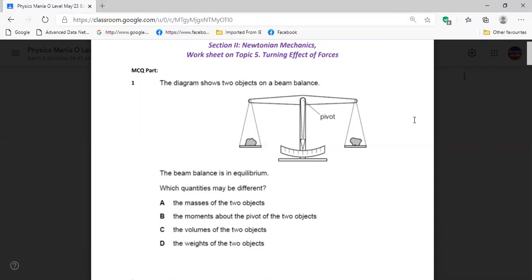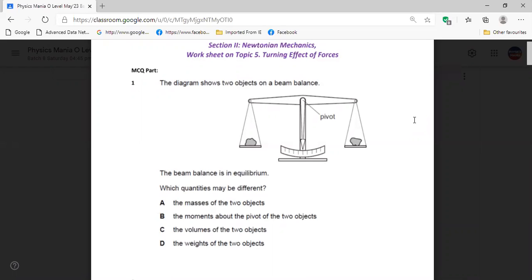I think it's A, the masses of the two objects. Why? It's in equilibrium when the moments are equal, right? Yes, in equilibrium the moments are equal.